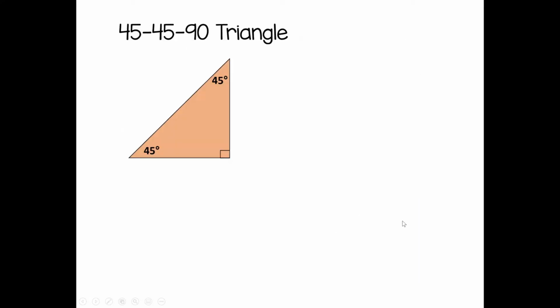Let's first look at this 45-45-90 triangle. In this triangle, I'm going to give the length of the hypotenuse a length of 1 unit. This hypotenuse, which we'll call c, is 1 unit.